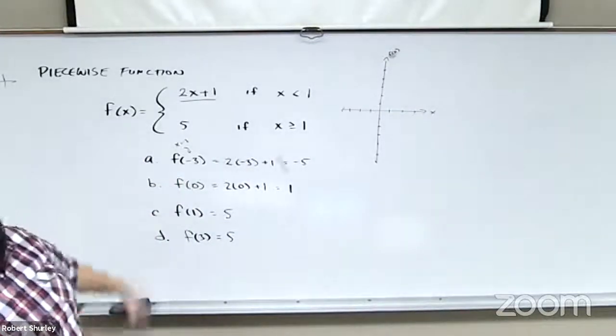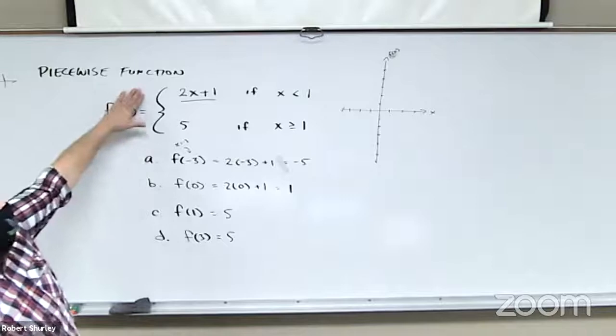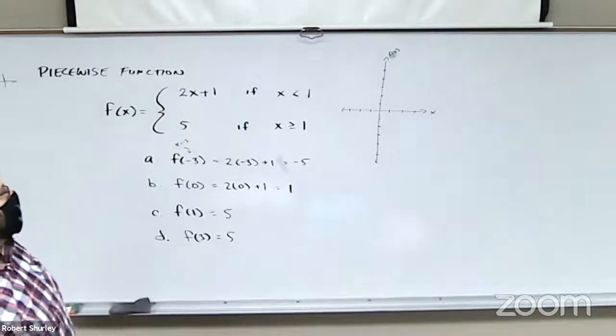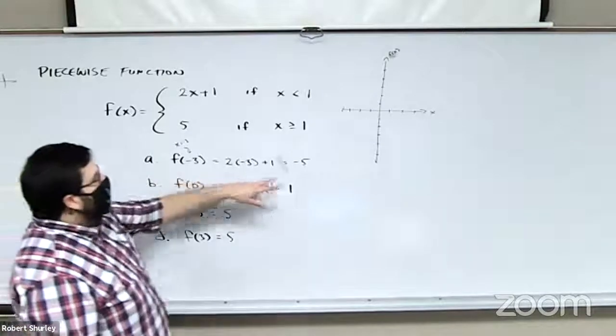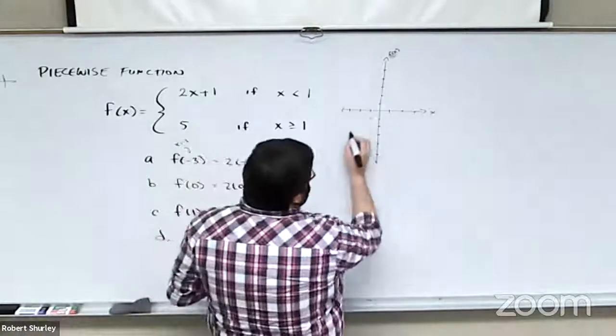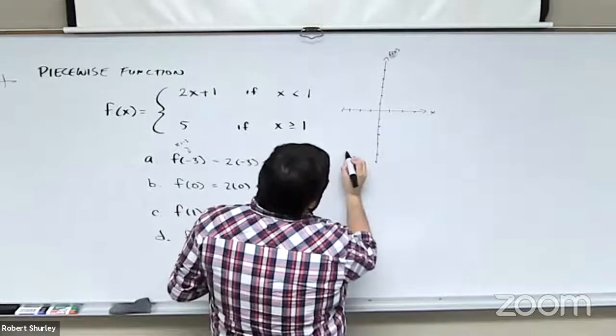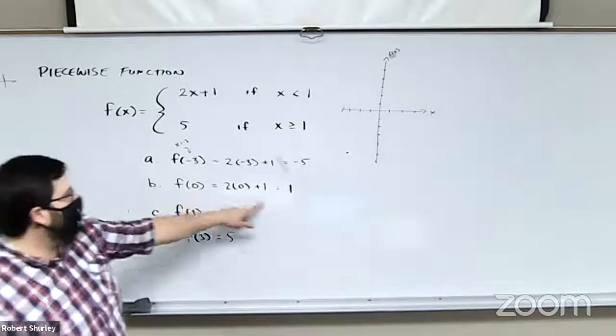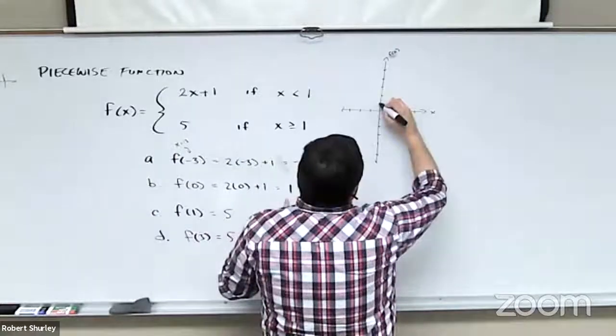And then I'm just going to graph the points here. So this first function is just a nice linear function, 2x plus 1, just a straight line. So when x equals -3, we're at -5, right? And when x equals 0, we're at +1.